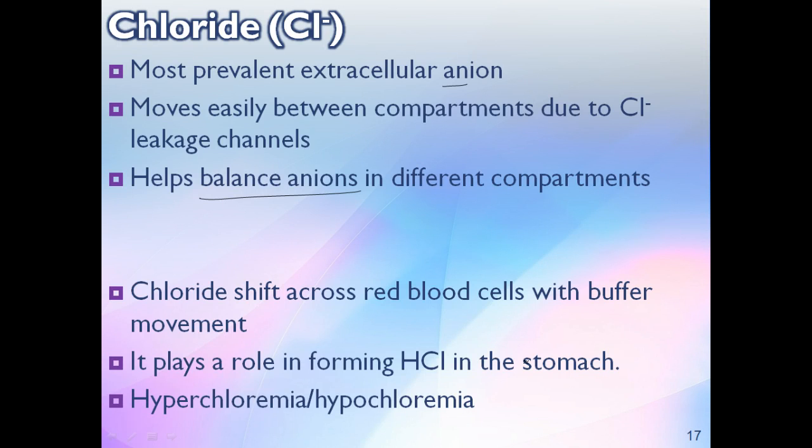Now, in terms of chloride, its normal range is about 95 to 105 milliequivalents. And again, refer to table 27.2 for the symptoms associated with imbalances, which would be hyperchloremia if you have too much and hypochloremia if you don't have enough.